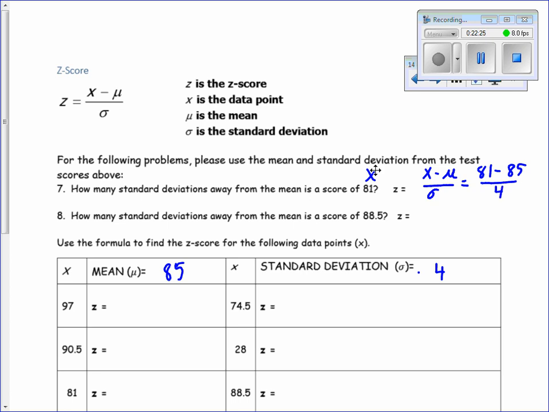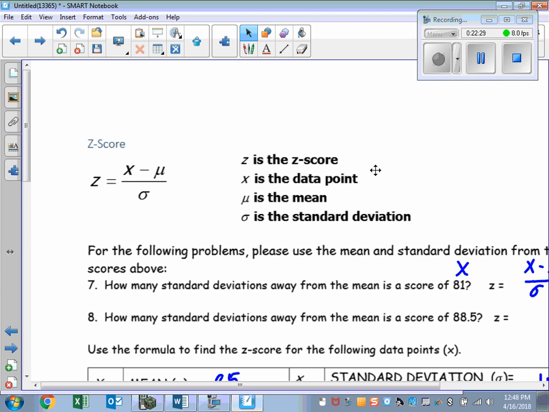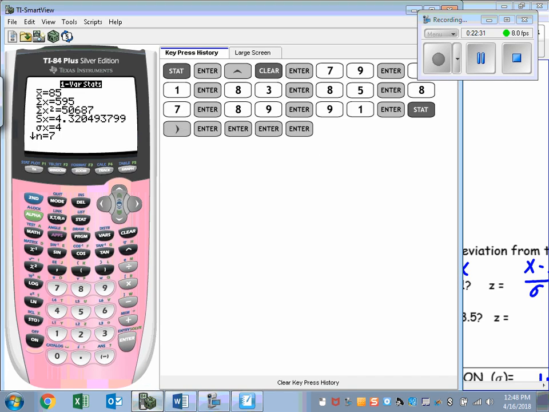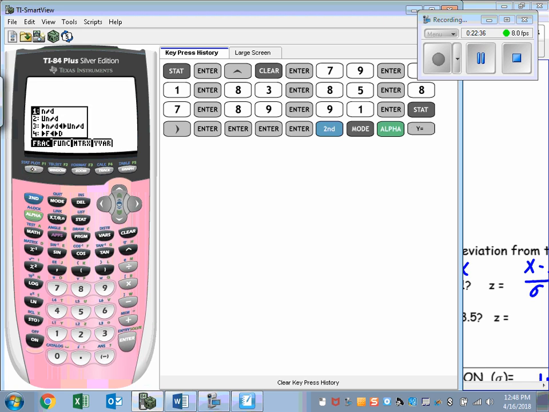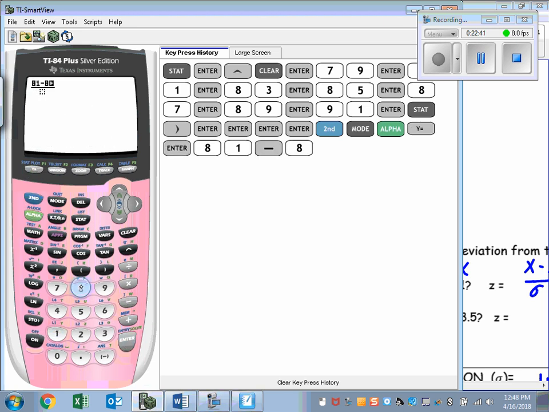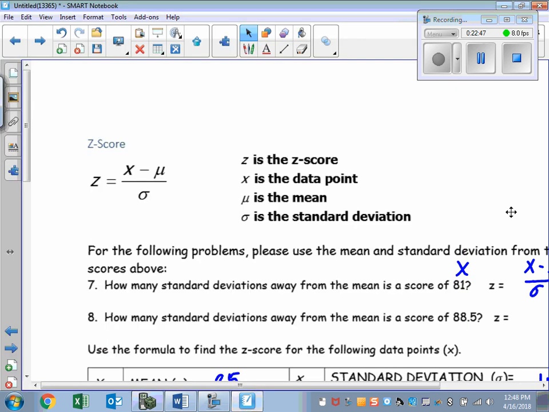I'm going to go to my calculator and put this in. 81 minus 85 over 4, enter, and my z-score is equal to -1.